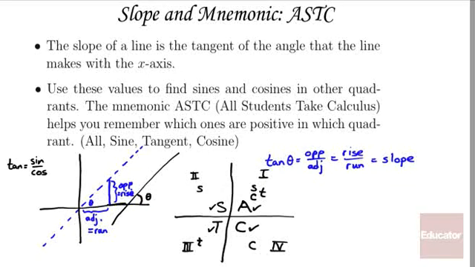Now, you might wonder, how does cotangent fit into all of this? Well, cotangent, remember, is just the flip, the reciprocal of tangent. Tangent was sine over cosine. Cotangent is cosine over sine. So cotangent is going to be positive whenever tangent is positive.